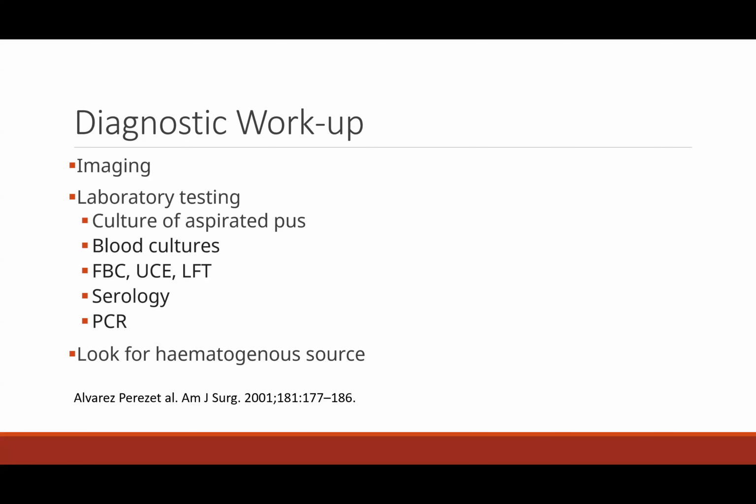In terms of additional workup, it's recommended that you check the serology for Entamoeba histolytica on the initial diagnosis, and this would be especially important for patients who don't have any evident predisposition to developing pyogenic abscesses, and those who are from endemic areas, where you see it a lot.